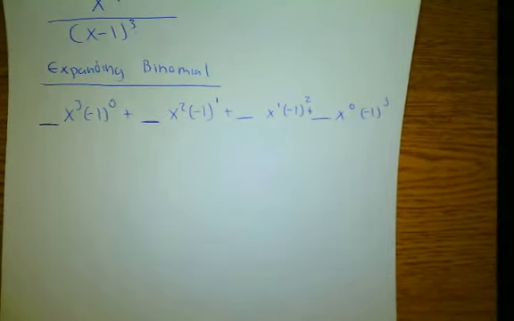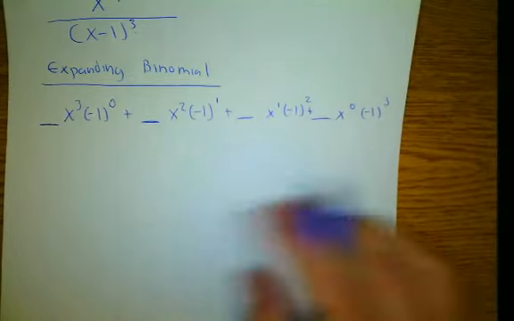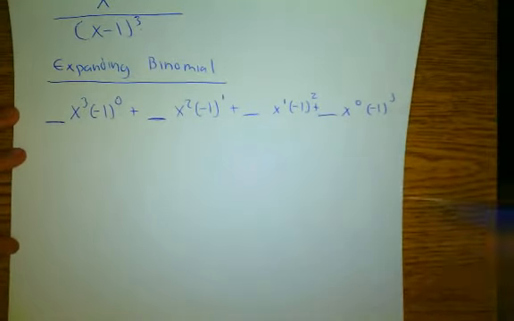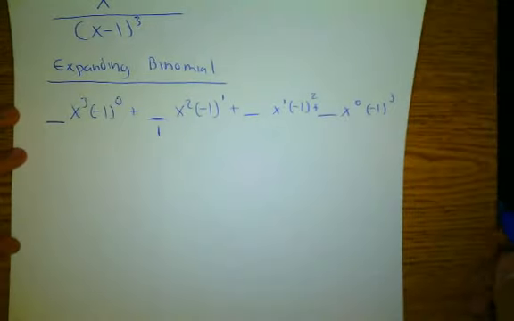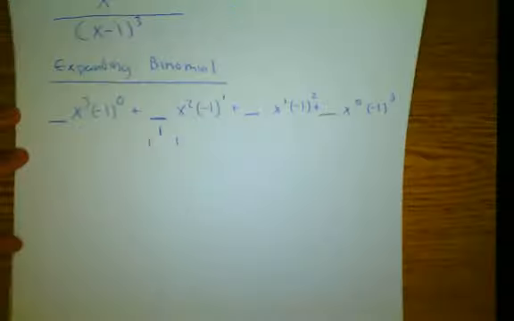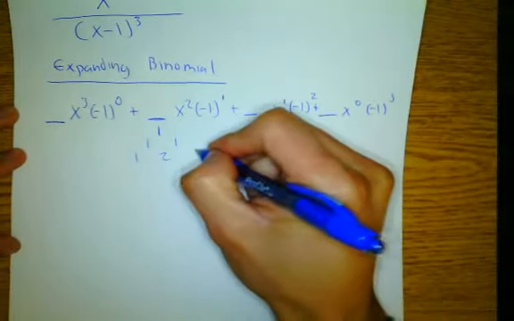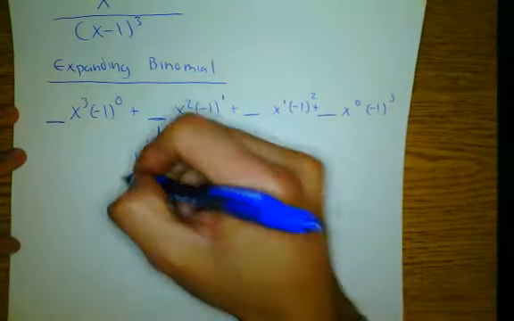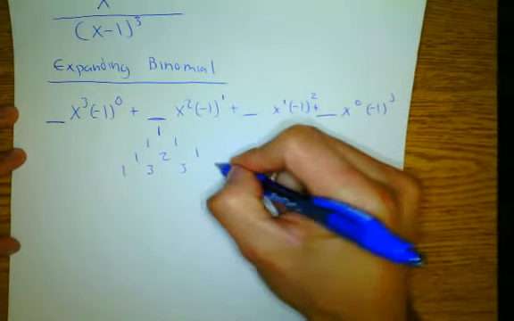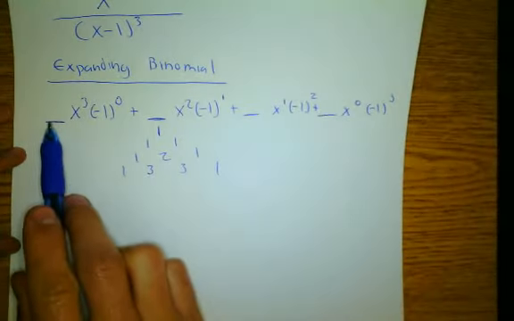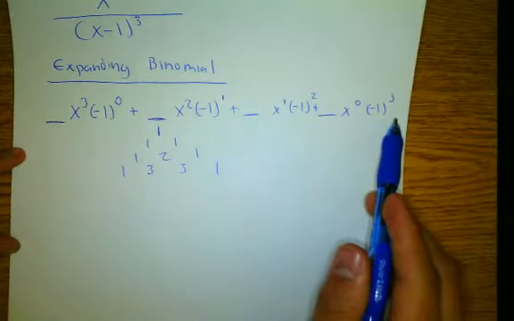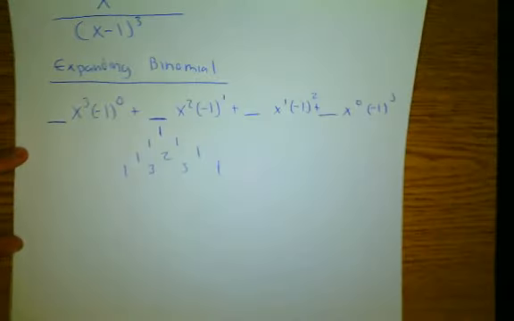So I'm going to come up with a very quick Pascal's triangle. It's going to be 1, 1, 1. 1, 2, 1, right? 1, 3, 3, 1. Well, according to this, I need 1, 2, 3, 4 numbers. This one has 4 numbers, so I'm going to stop. 1, 3, 3, and 1.